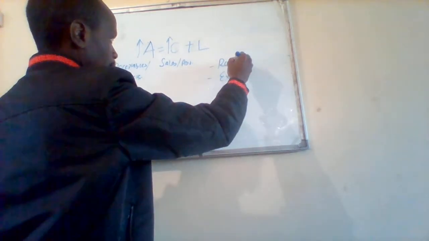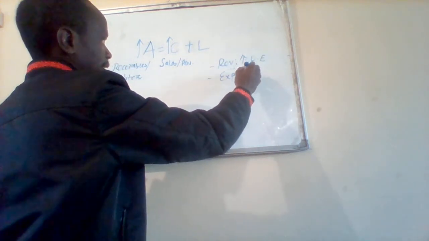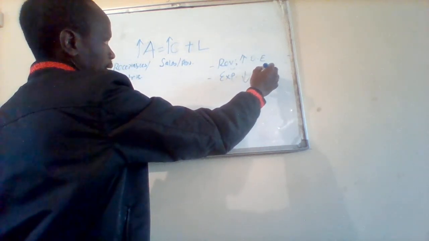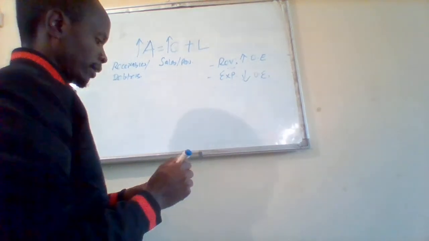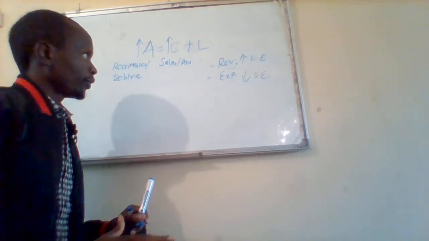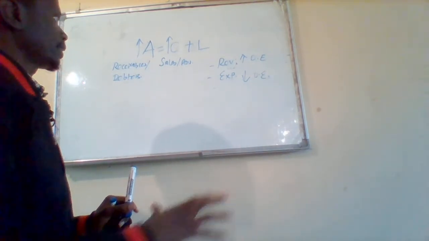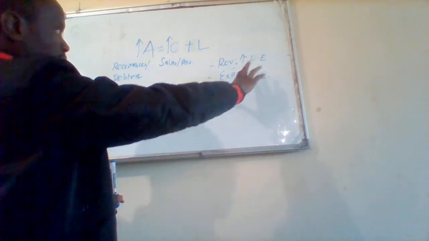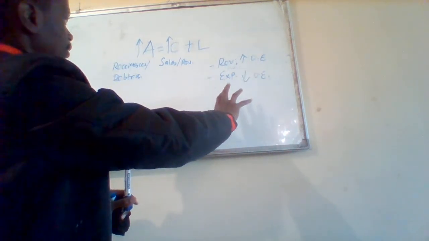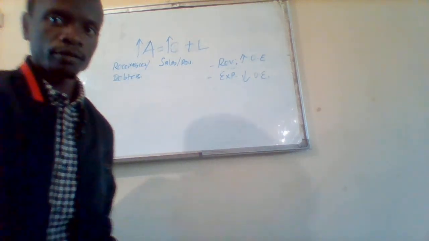So revenue increases owner's equity. Expenses decrease owner's equity. So if you are faced with any question or any situation like that, just know that revenue increases owner's equity and expenses reduce owner's equity. That marks the end of our lesson today.